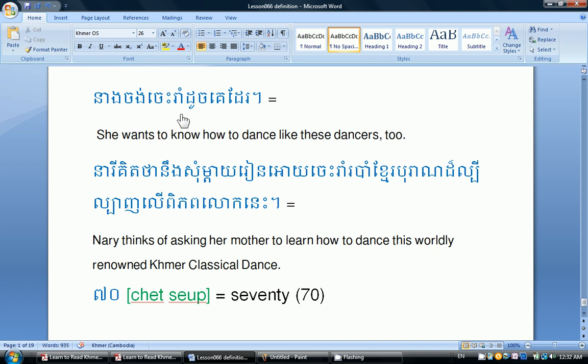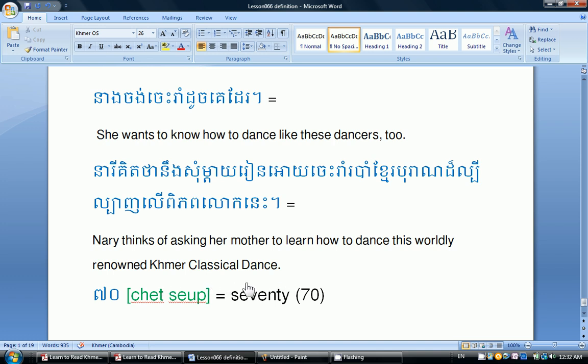She wants to know how to dance like these dancers too. Neri thinks of asking her mother to learn how to dance this worldly renowned Khmer classical dance.